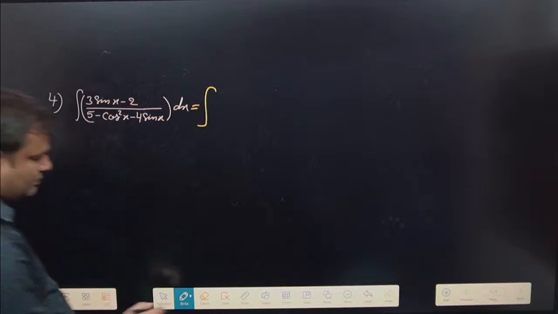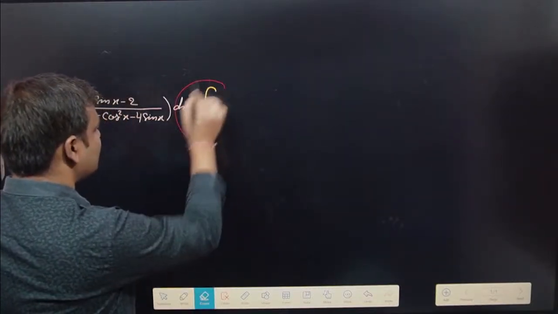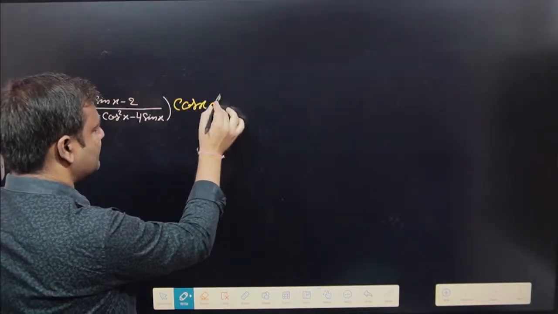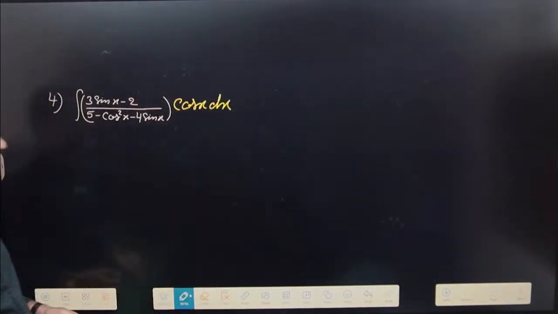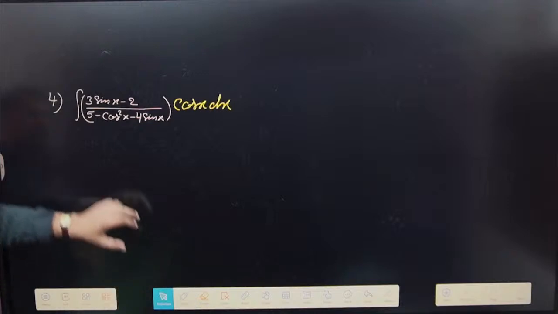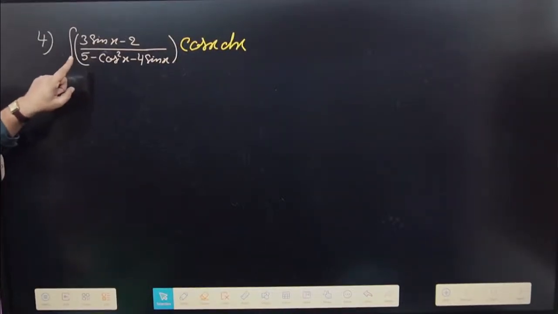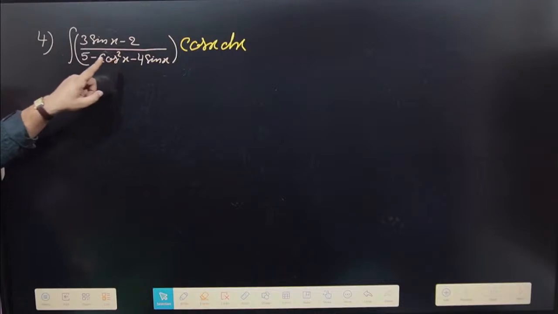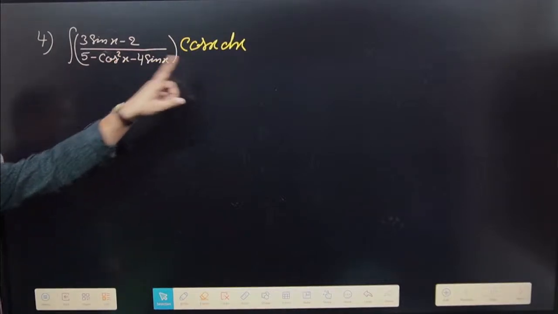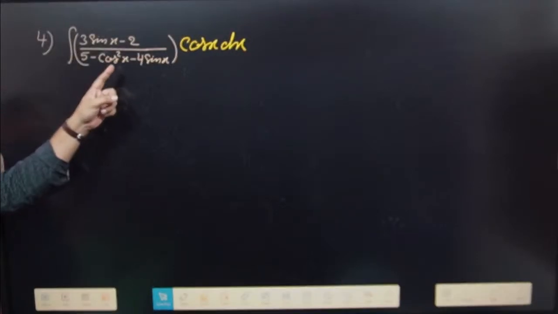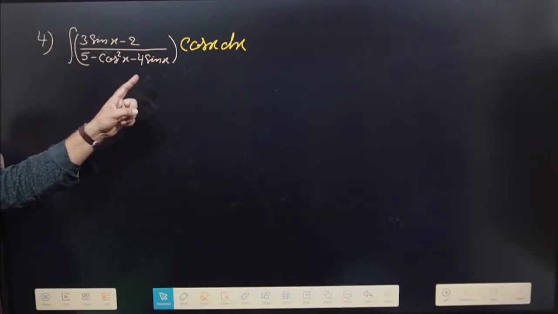Something is missing here: cos x, here cos x dx. So basically this problem is: integration of 3 sin x minus 2 into cos x dx divided by 5 minus cos square x minus 4 sin x.